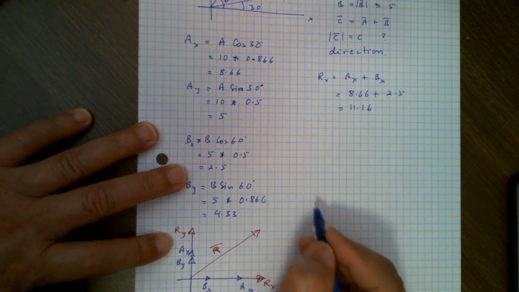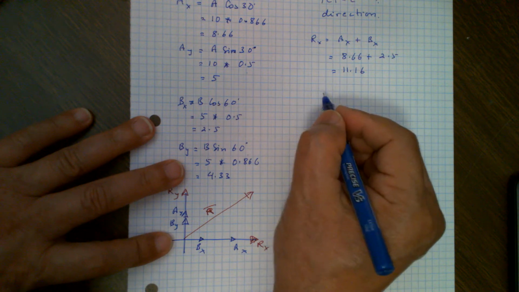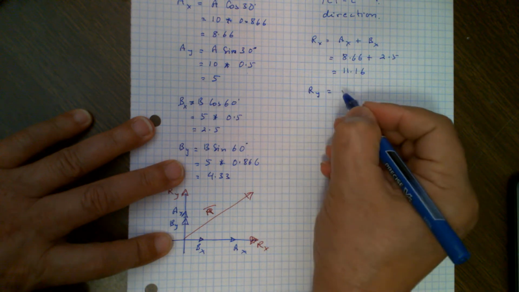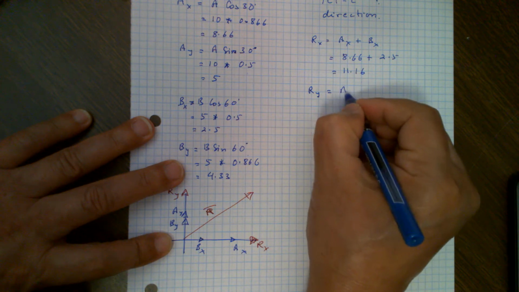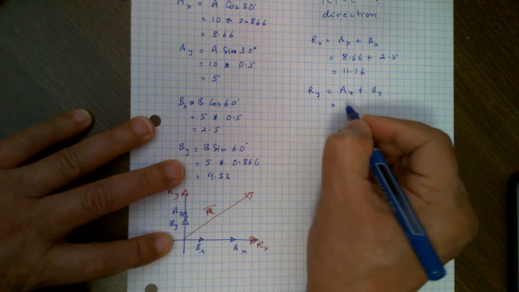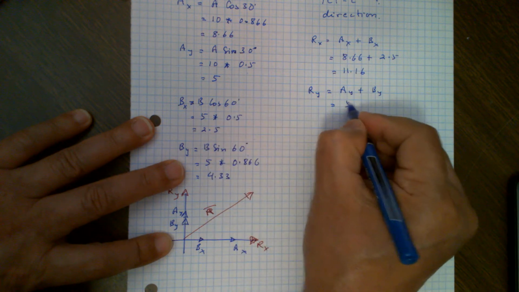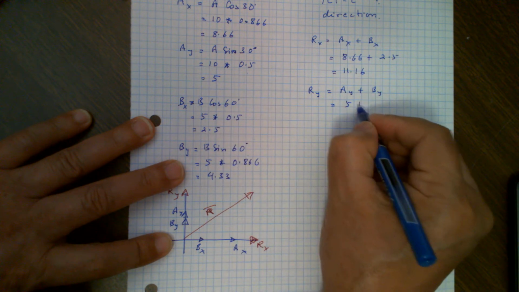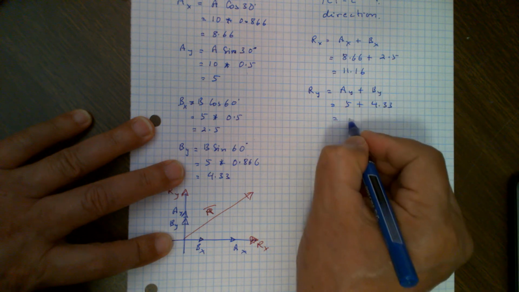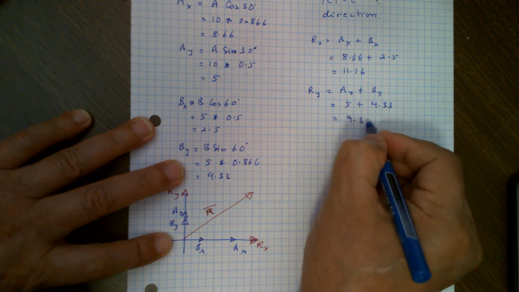So that's what you get. And then what about RY? RY is AY plus BY, and AY is 5, and BY is 4.33. So together you get 9.33.